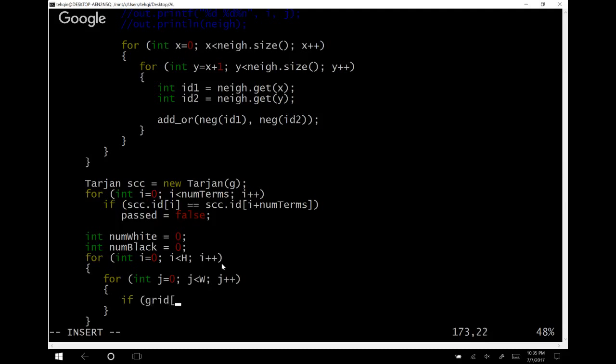Let's see, if grid ij is white, num white gets added.